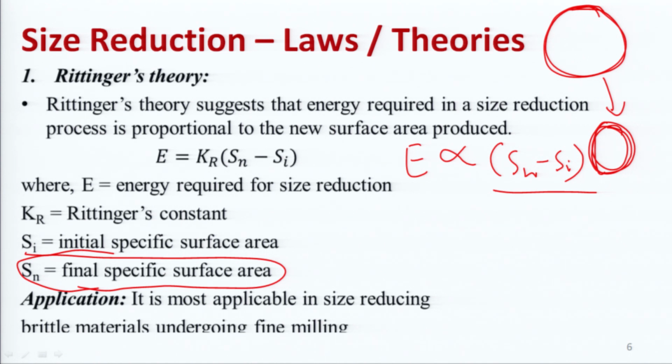So, if we remove the proportionality sign, then Kr is introduced into the equation. Kr is called Rittinger's constant, where E is the energy required for size reduction, Kr is Rittinger's constant, Si is the initial specific surface area and Sn is the final specific surface area.